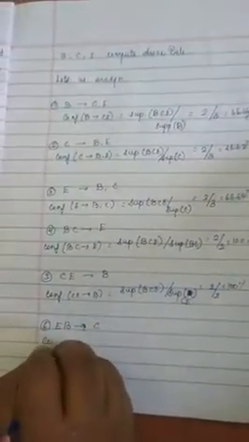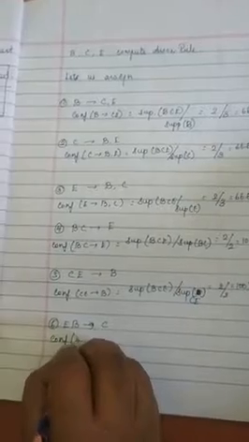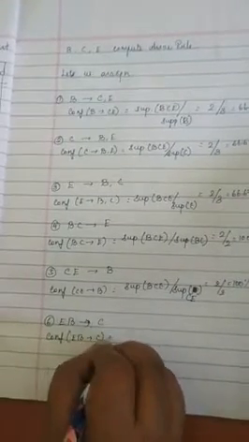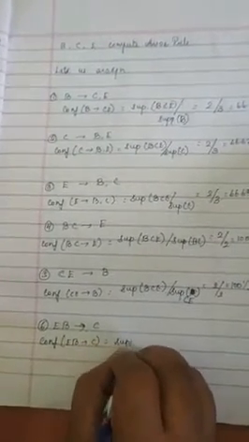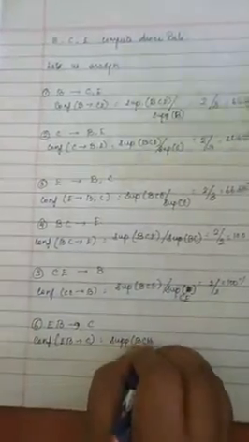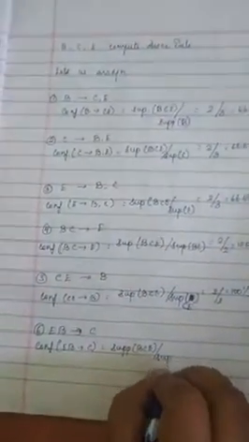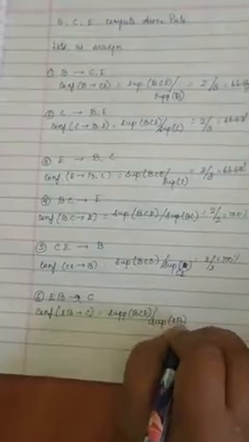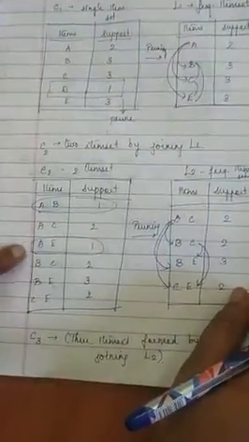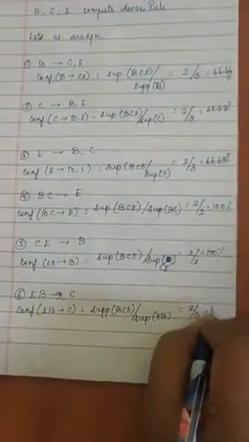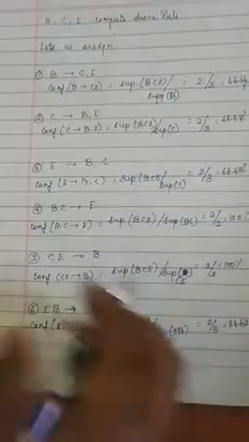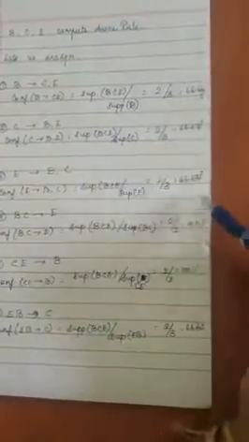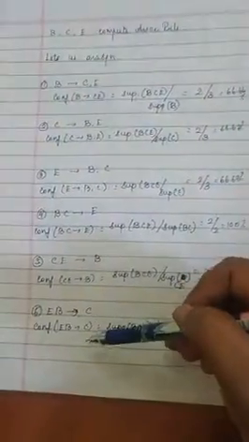And confidence of EB tends to C is equal to support of BCE by support of EB, which is 2 by support of EB, that is BE, is 3, which is 66.67.